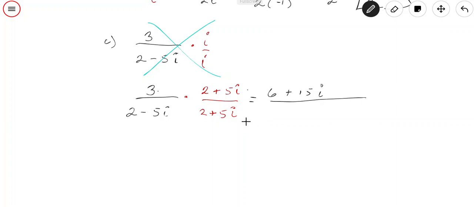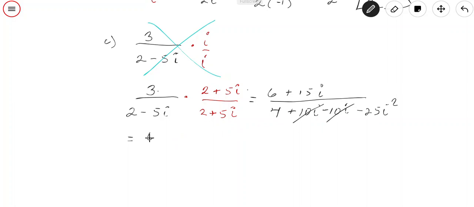And then we're going to multiply the denominators. 2 times 2 is 4. 2 times 5i, 10i. -5i times 2, -10i. -5i times 5i, -25i squared. 10i minus 10i is 0.